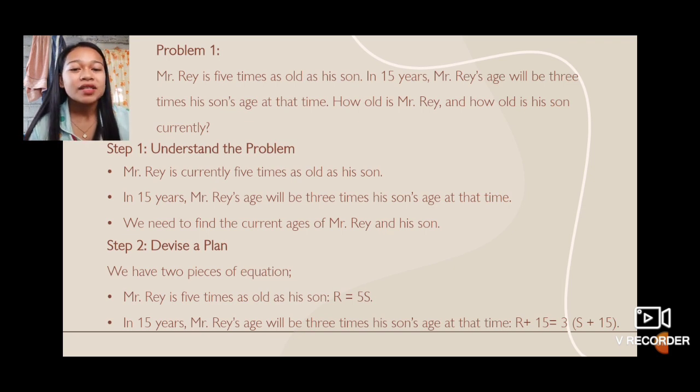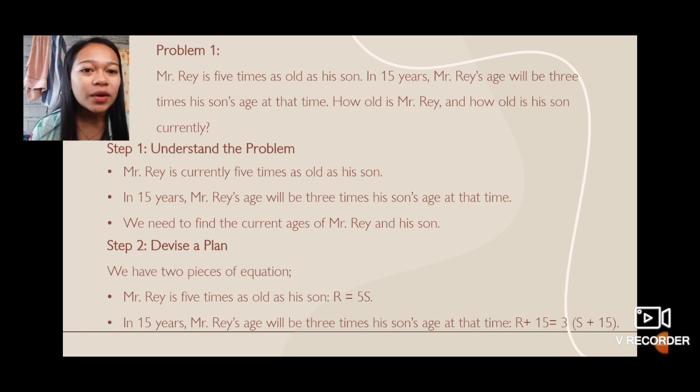So we have 2 pieces of equation. The first equation is, Mr. Ray is 5 times as old as his son. So we let R equal 5S, where R stands for Mr. Ray, who is 5 times as old as his son, and the letter S of course stands for his son.